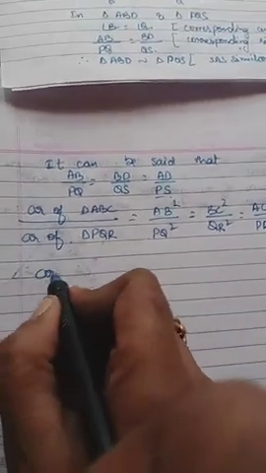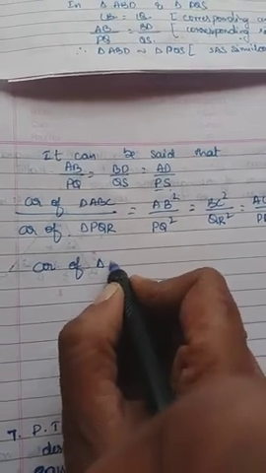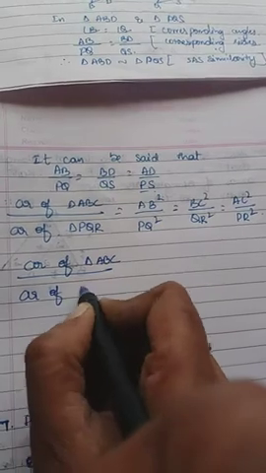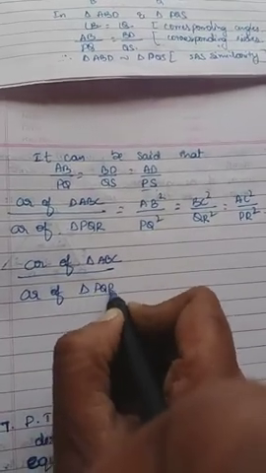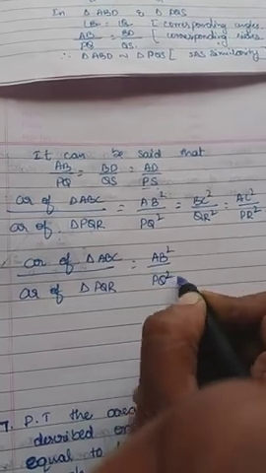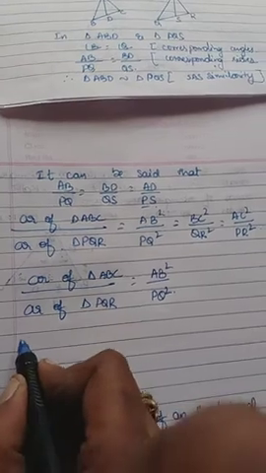So we can write the area of triangle ABC divided by the area of triangle PQR, let us take AB square divided by PQ square. Instead of AB and PQ, we can write AD divided by PS.